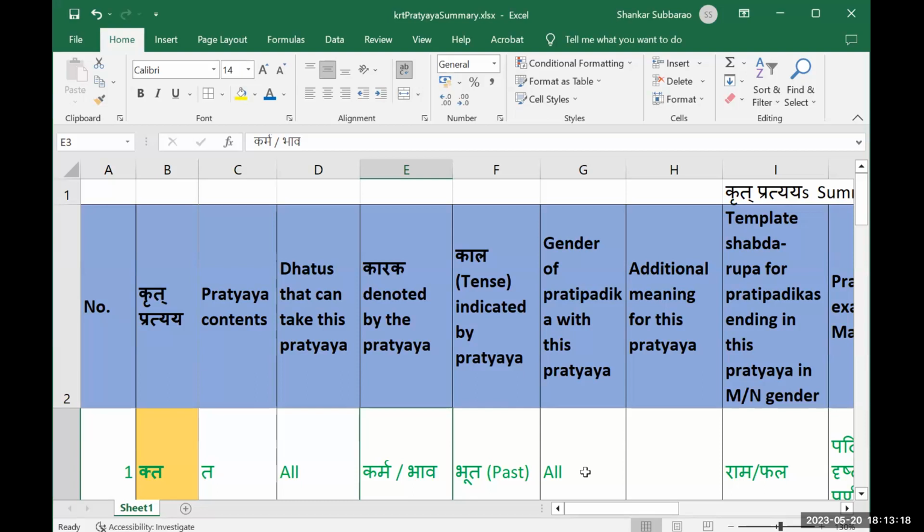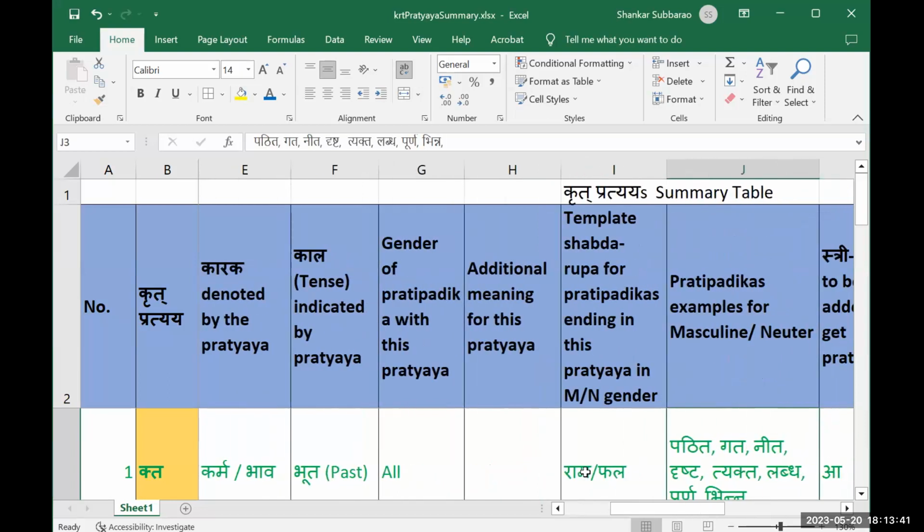Pa becomes what? If it's drinking, pita, which has been drunk already. Now since it ends in ta, the template for shabdarupa for masculine or neutral will be like Rama or Phala. This is very important, that you know how to decline these words.